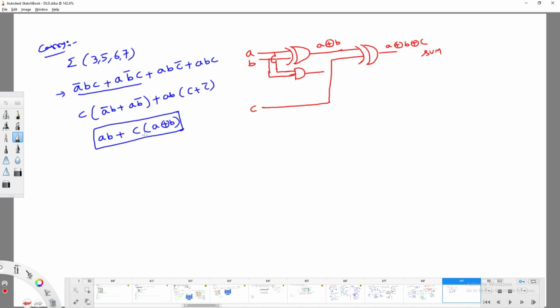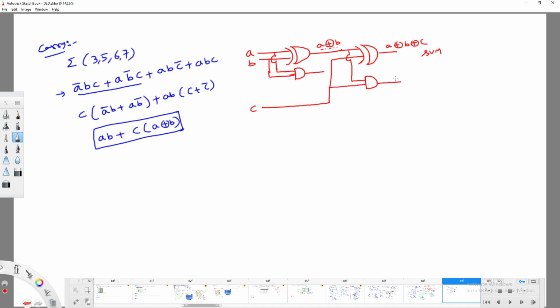After that, I need to perform C into A XOR B. You already got A XOR B, so I am going to take A XOR B and multiply it with C. You know C, right?